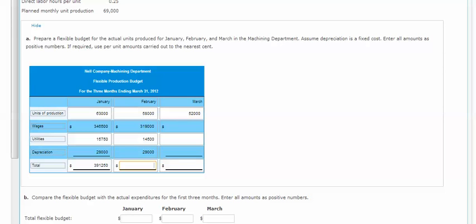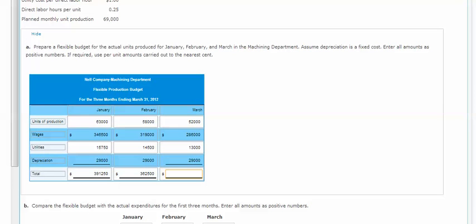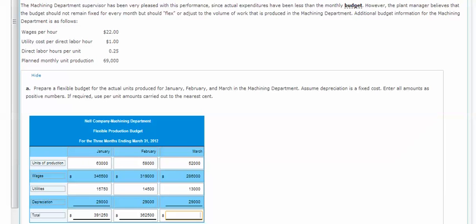So I can add these numbers together. And it looks like 362,500. So I've gone through and I've calculated my wages using the same thing, where I took the units times 0.25 and then multiply it by the hours, and I get 286.